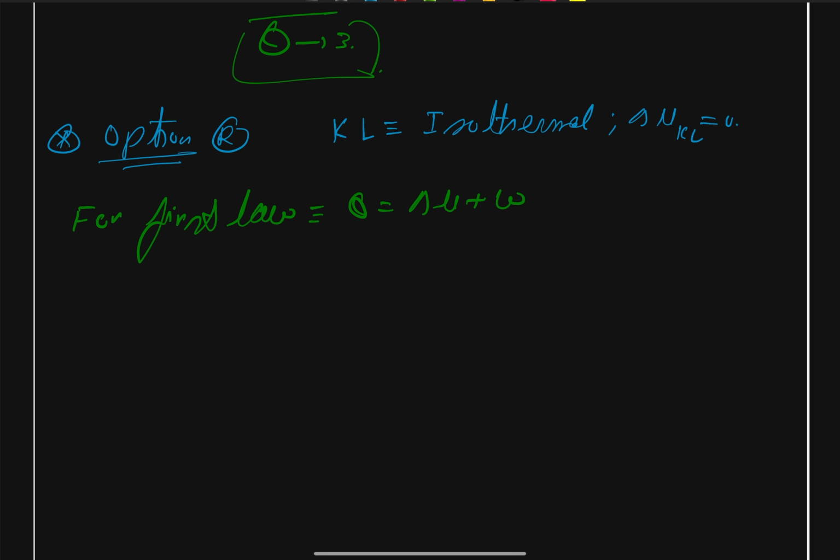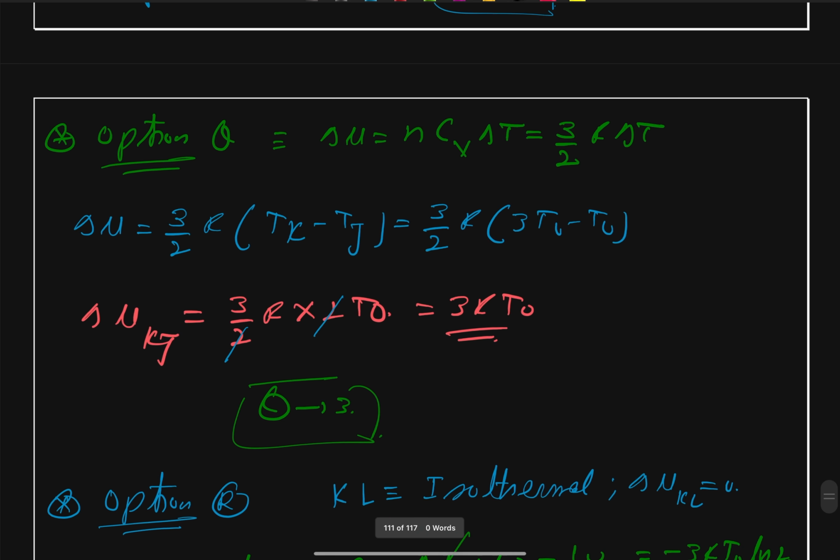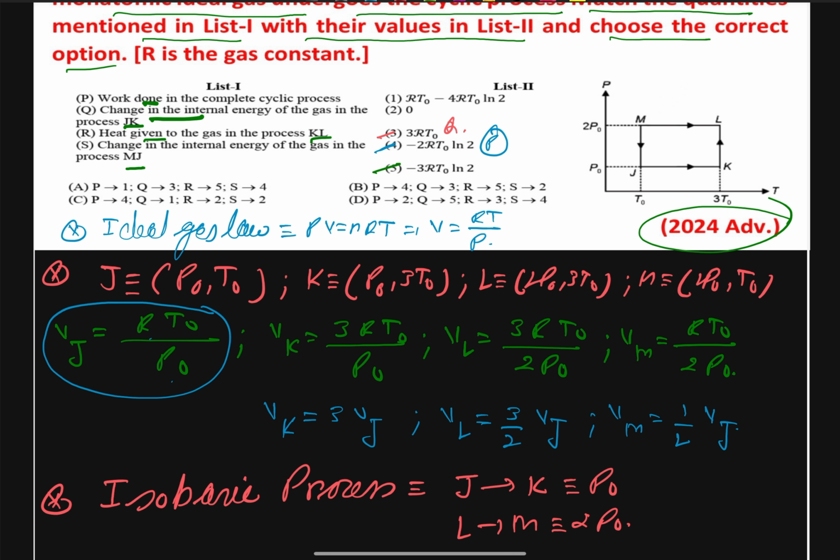Internal energy is 0, so this comes as work done for path KL, and for KL we already know that it is equal to minus 3 R T naught natural log of 2. So Q is equal to minus 3 R T naught natural log of 2, so it goes to our 5, so R goes to 5.